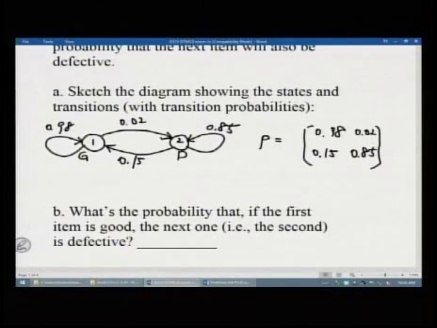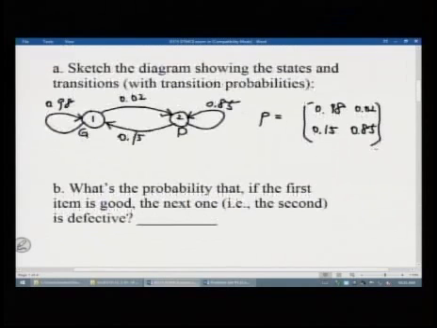Okay, so now let's move on to the next question. What is the probability that if the first item is good, the next one, which is the second item, is defective? So this is a one-stage forecast, right? So obviously, you're going to use this P matrix to answer this question.